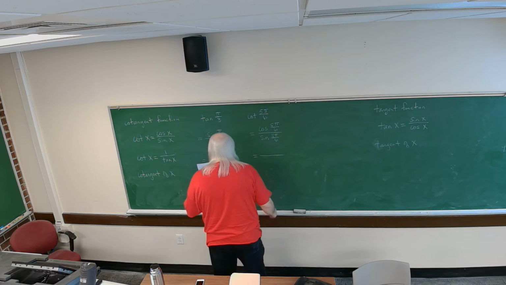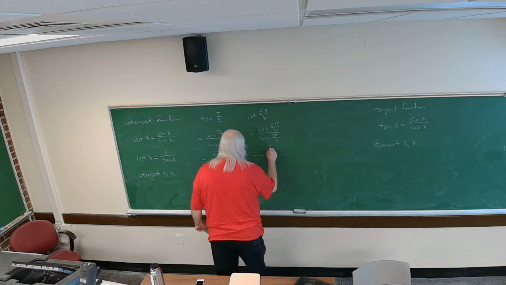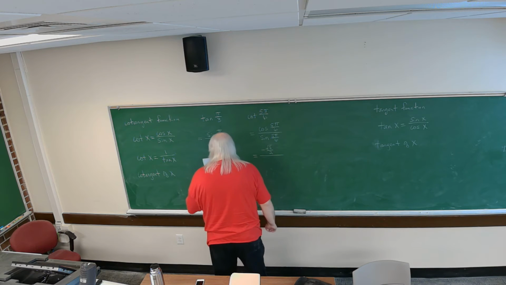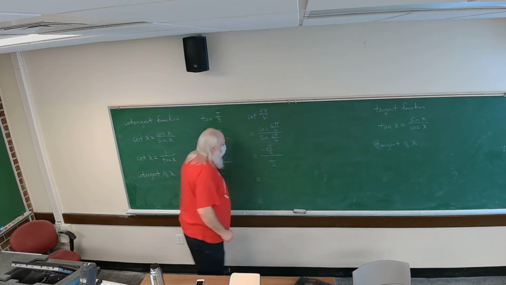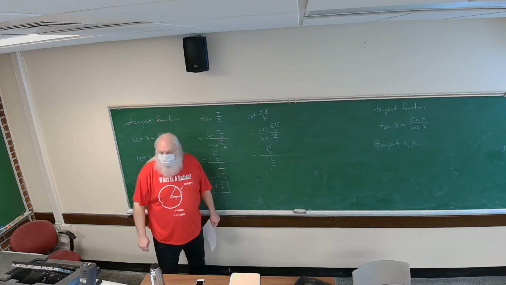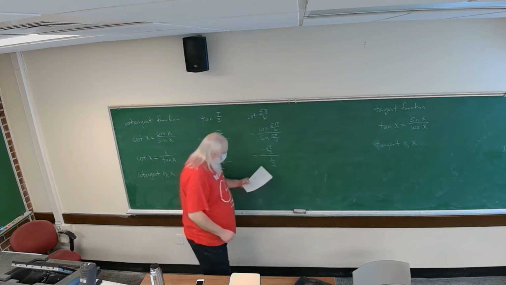Cosine of 5 pi over 6 from the unit circle is equal to minus the square root of 3 over 2. And the sine of 5 pi over 6 is equal to 1/2. Again, you're doing division of fractions. Keep, switch, flip. And you get minus the square root of 3.